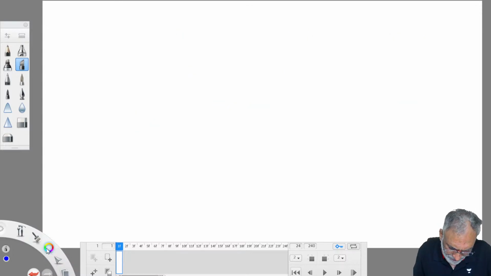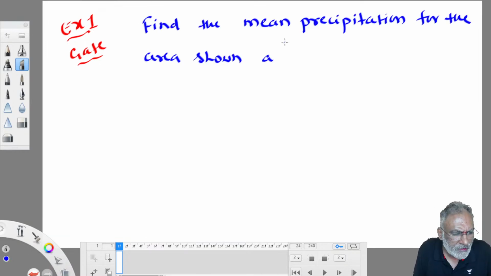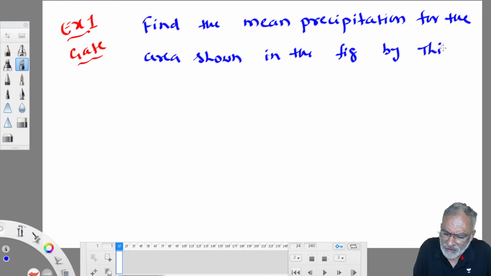So example 1. This is a GATE question only. A similar type of question has been asked many times in the GATE exam. Find the mean precipitation by the Thiessen method.